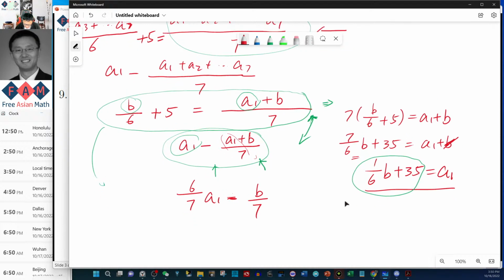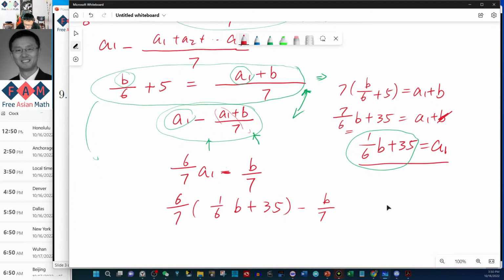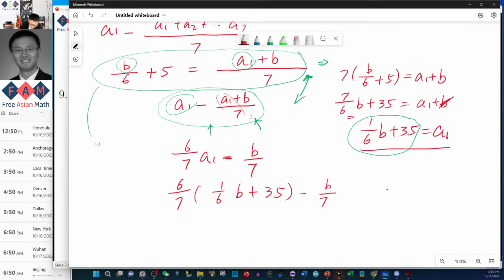Okay, so if we do this, A1 plugged into this is 7/6 times 6/1 B plus 35 minus B over 7. Not surprisingly, we can see that 6/7 times 1/6, that's 1/7 B, plus 35 times 7/6, that's just 30.